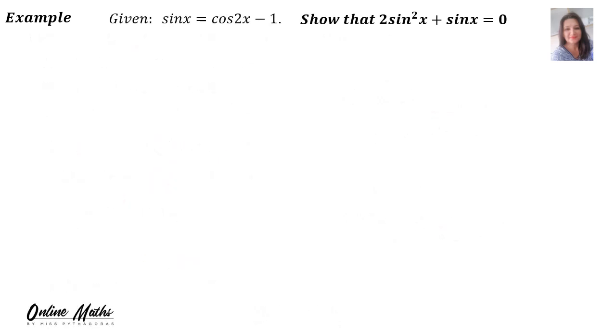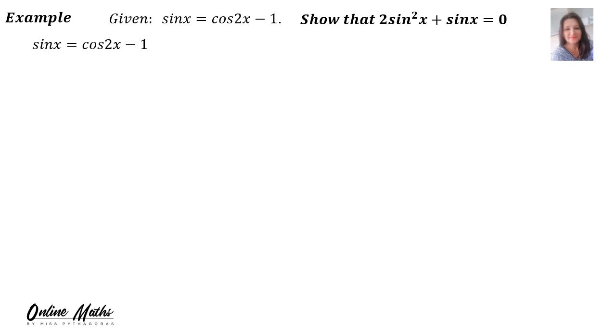I also found this example for you in an old exam paper. Given sin x is equal to cos 2x minus 1, show that 2 sin squared x plus sin x is equal to 0. Now it feels as if these two are totally different. Are they even related? Now what you do is you start with the given part: sin x is equal to cos 2x minus 1.